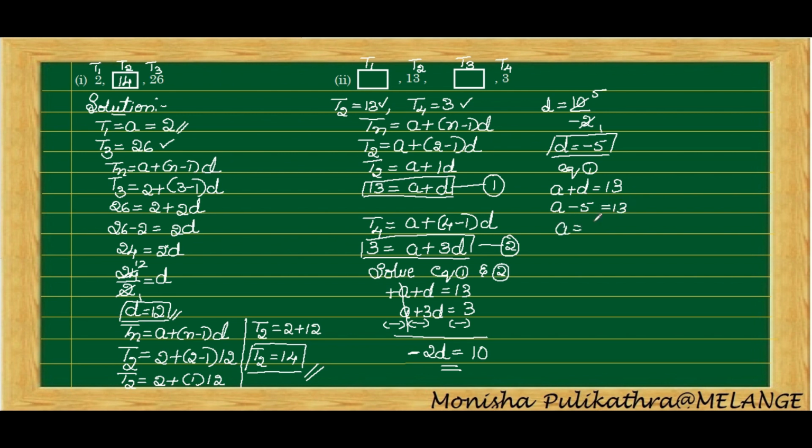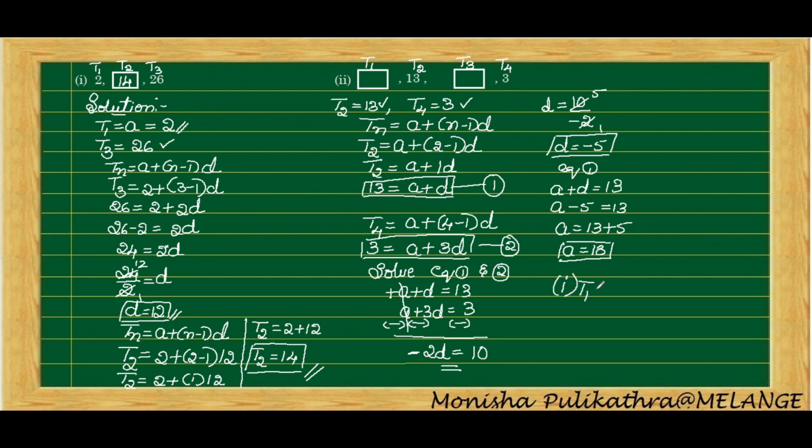So for A, shift minus 5 to the right hand side. It will become 13 plus 5. So the value of A is 18. So now we got the value for D and A. Next what we have to do? We need to calculate T1 and T3. Okay. So what is T1?